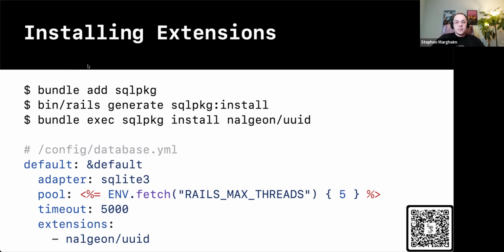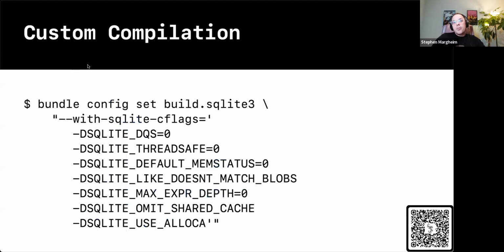Some additional things. The SQLite 3 Ruby gem allows you to actually set your compilation flags. So if you want a custom compilation of the SQLite executable, you can do that, and you can do it directly through bundle configuration. Here is an example of a little bit of a performance optimized compilation of SQLite.